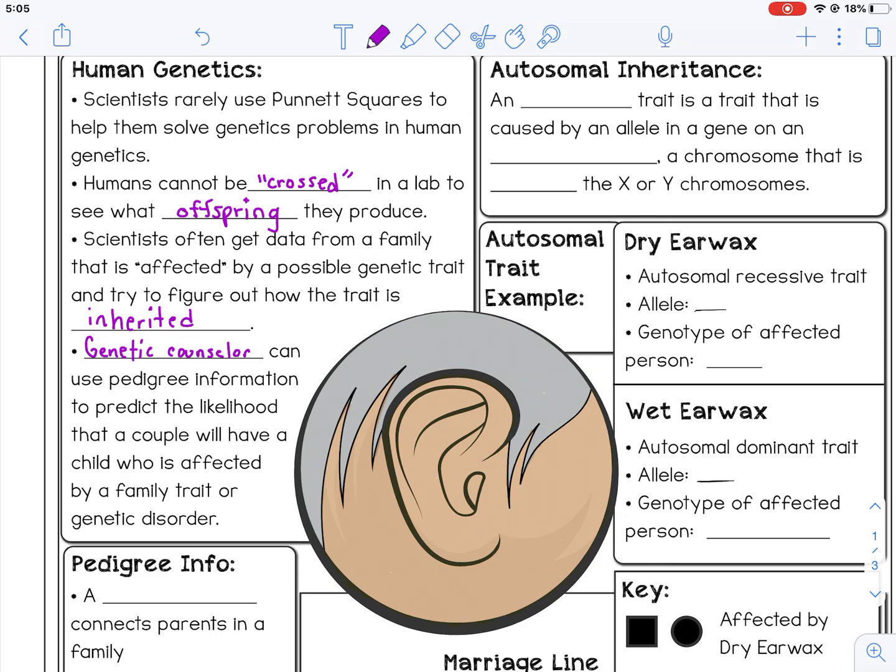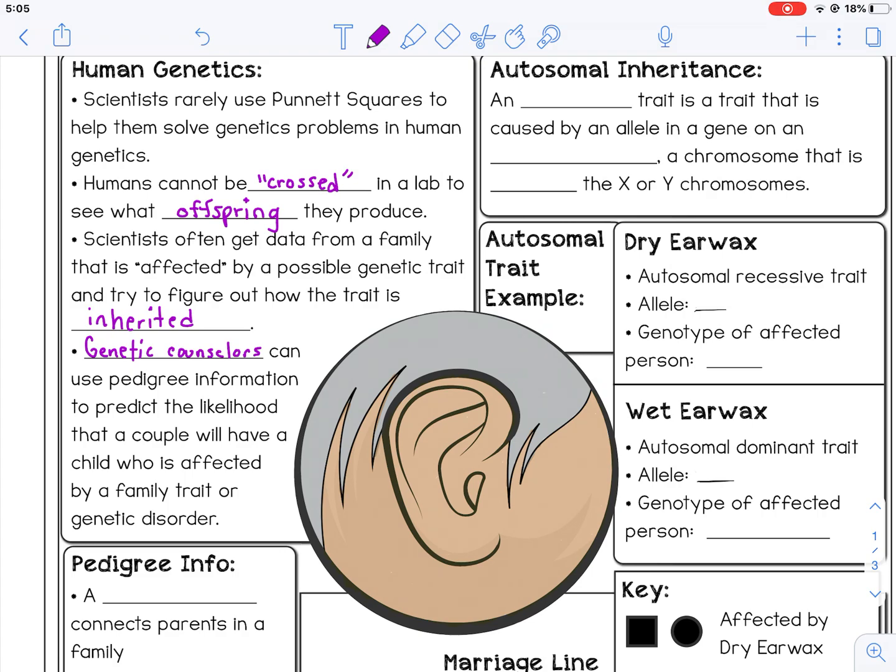Genetic counselors are real. And, for example, if a person knows that they are a carrier for sickle cell anemia, they might go to a genetic counselor to figure out what the chances are that they would have a child with sickle cell anemia.